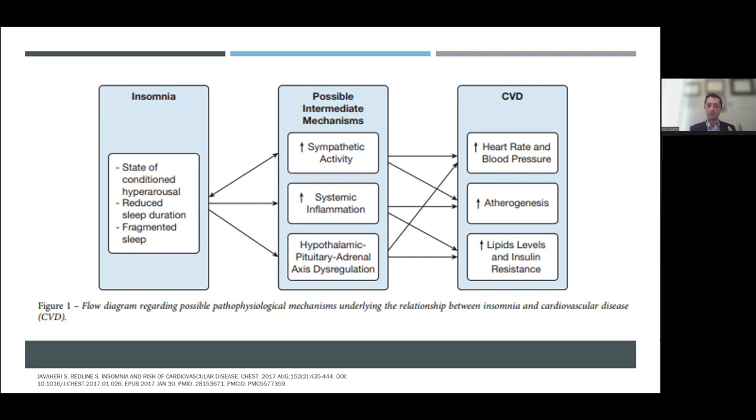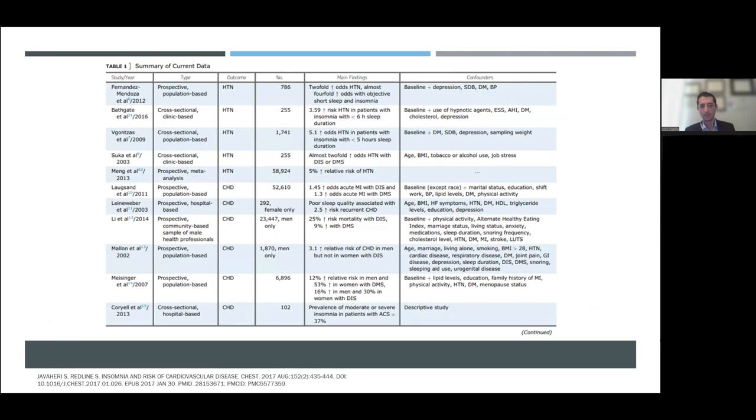So you have a lot of physicians and physician scientists researching this and demonstrating that, at least statistically, there's a strong correlation between cardiovascular disease and severe sleep disorders, particularly disorders of maintaining sleep and initiating sleep. There's a bunch of studies that have looked at this over the years and I just listed them out, and they all point in the same direction, although there are a lot of confounding factors.